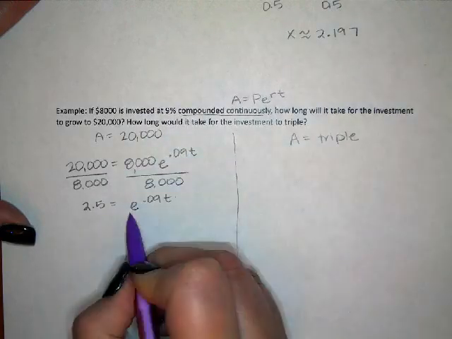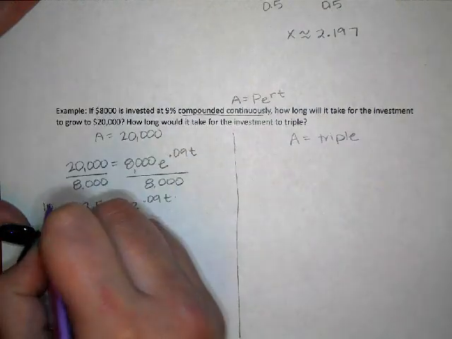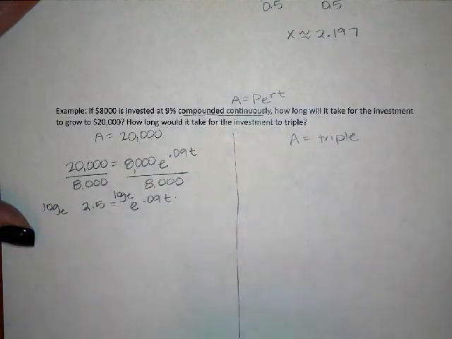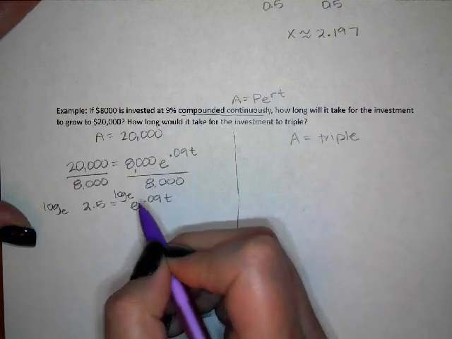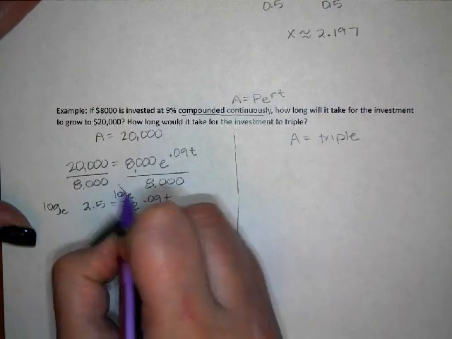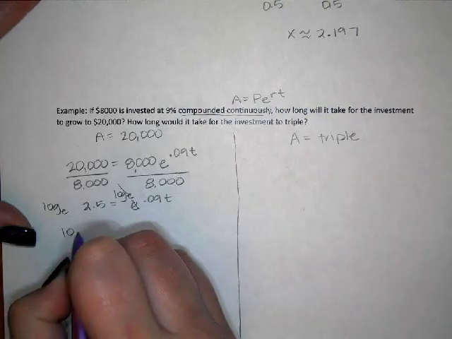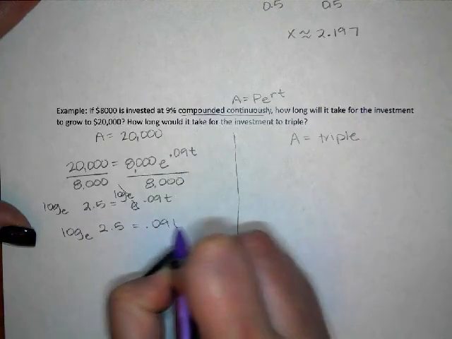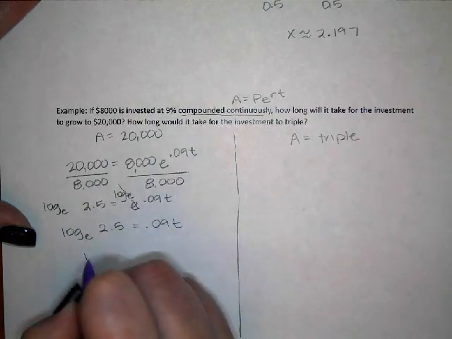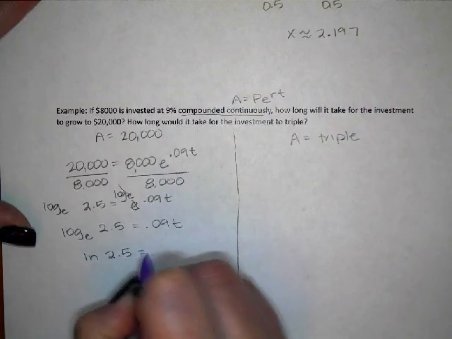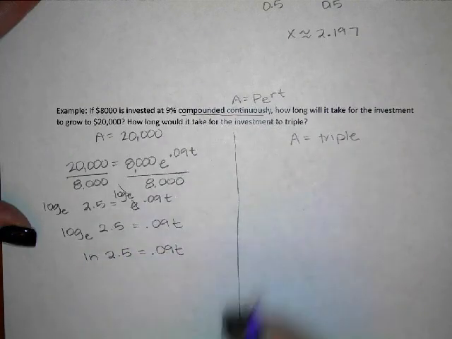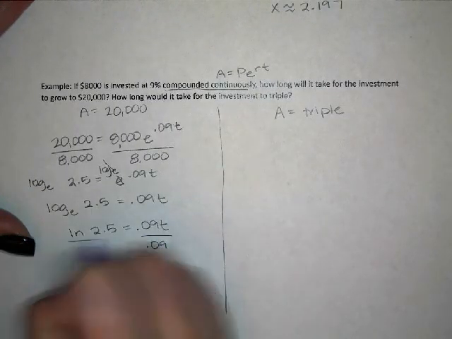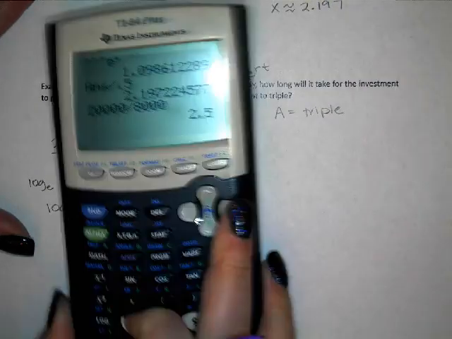If you get comfortable with this and you start to say, well, to undo e, I just need to do an ln, and you want to write it like that instead, that's totally fine. So log base e is really just ln. And then to get the t alone, I just need to divide by 0.09. So ln 2.5 divided by 0.09, 10.181.